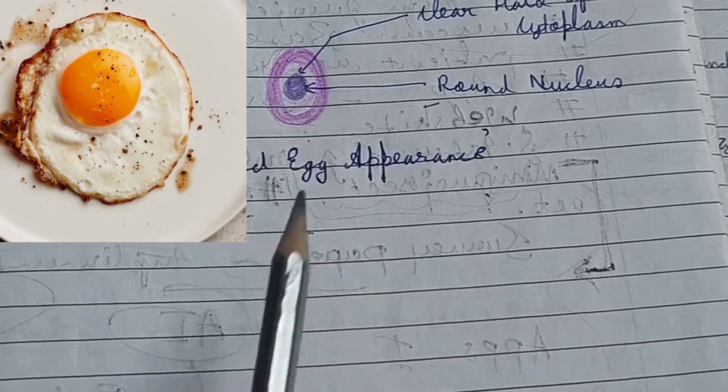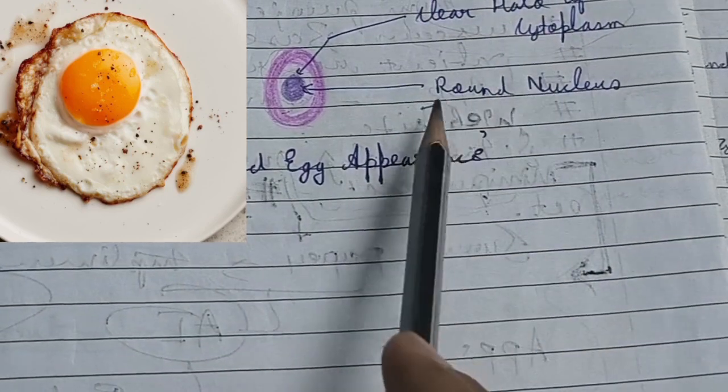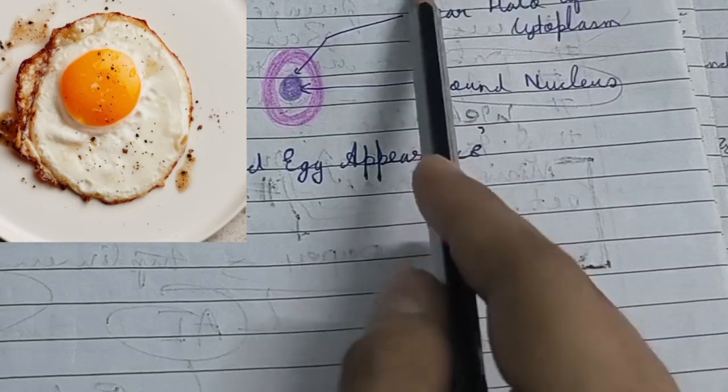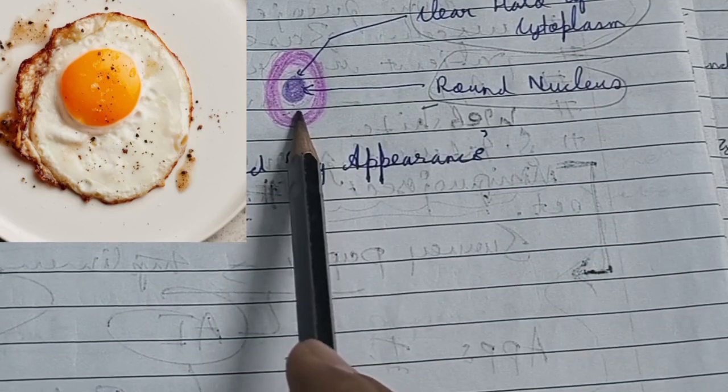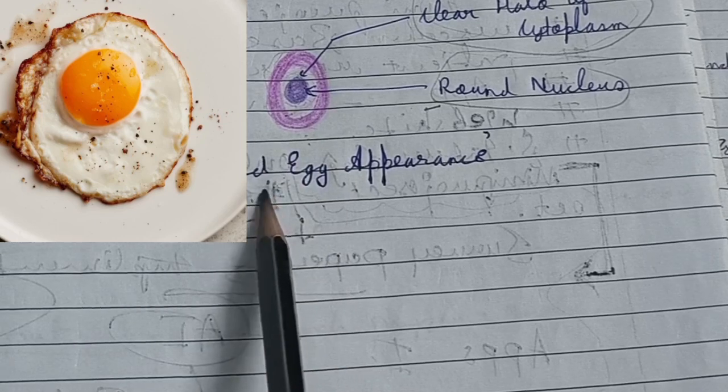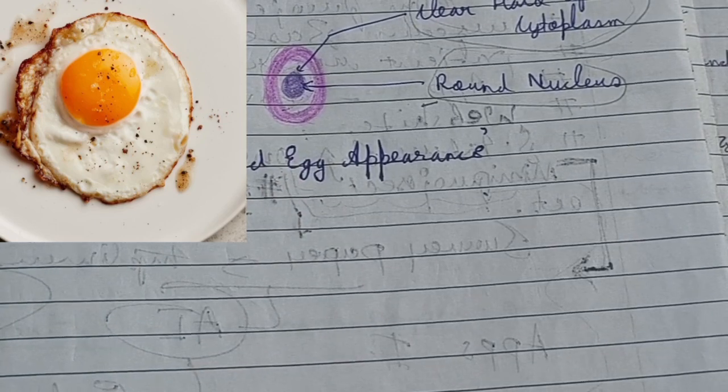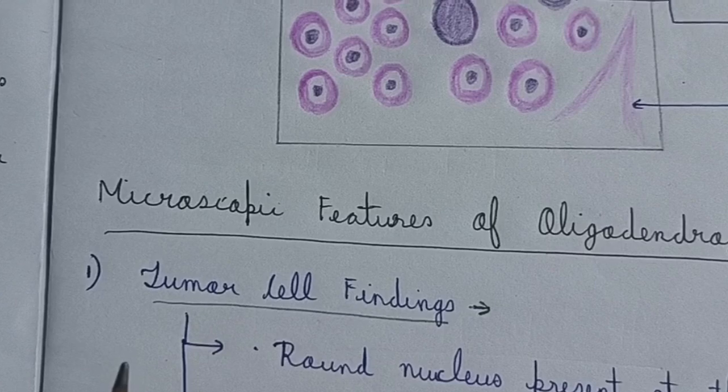Due to this round nucleus and clear halo of cytoplasm, the appearance of the tumor cell is like a fried egg, so it is also known as fried egg appearance. So see what I have written.